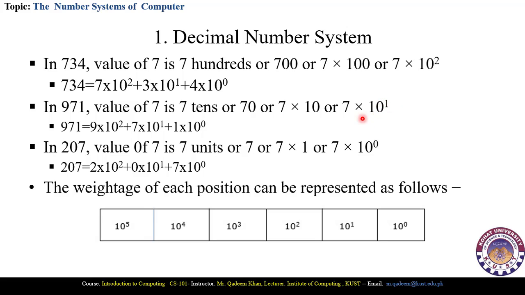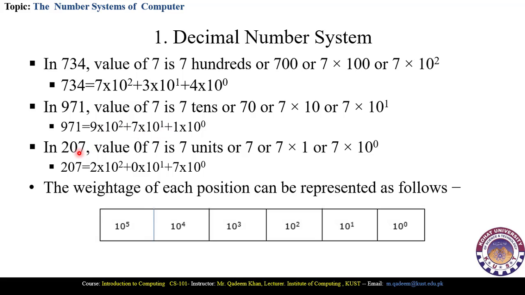But when we have 1 as the power of 10, we don't write the 1 here. Now 971 is equal to 9 multiplied by 10 to the power 2, which is 100, plus 7 multiplied by 10 to the power 1, which is 10, plus 1 multiplied by 10 to the power 0, which is also 1. So that is equal to 900 plus 70 plus 1, which is equal to 971.